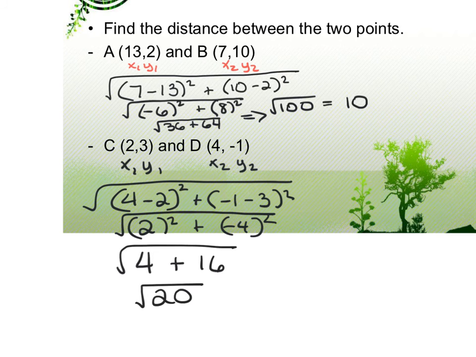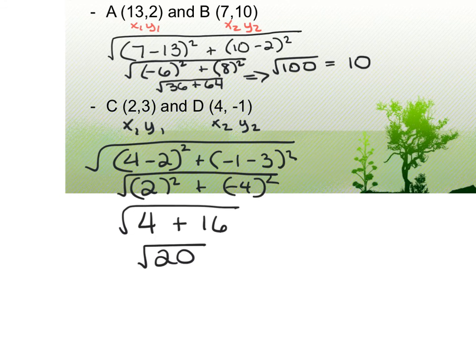Now, I don't know if you remember, but what we're going to be doing here is we're not going to be using a calculator. So if you were to get out your calculator and hit 20 and then hit the square root button, this answer is approximately 4.5. However, we're not going to use our calculators.